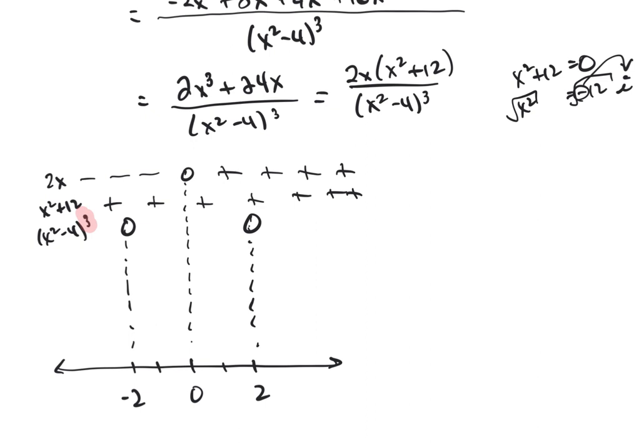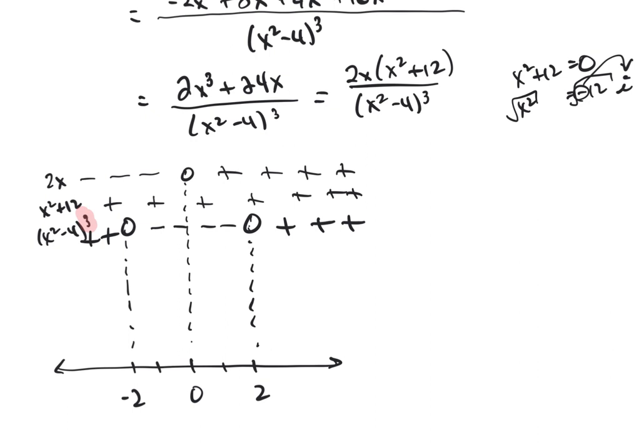So if I were to put in something like -3, -3 squared is 9, 9 minus 4 is 5, and 5 cubed is 125, so positive. If I put in something in between the twos like 0, 0 squared minus 4 is -4, -4 cubed is -64, so negatives. And if I put in something to the right of 2 like 3, 3 squared is 9, 9 minus 4 is 5, and 5 cubed is 125, so positives.